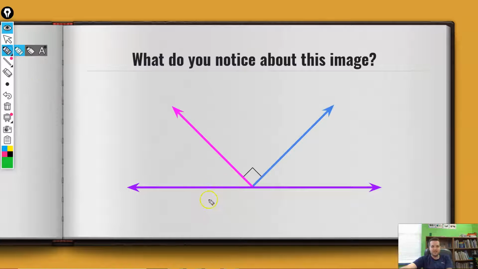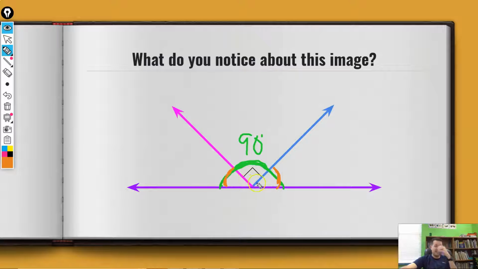Because if you think about it, from here to here, plus here to here, plus here to here, well, look, that's half of a circle. That's 180 degrees. So if that's 90 degrees, the right angle, well, that means that there's only 90 degrees left for this angle here and this angle here.